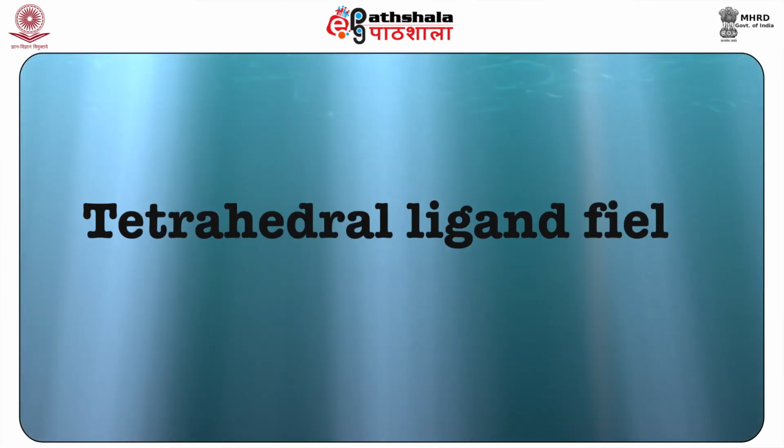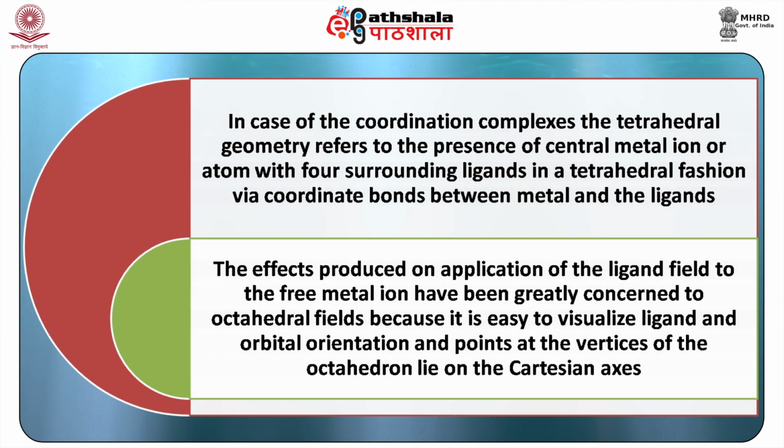The next thing we will discuss is the tetrahedral ligand field. In the case of the coordination complexes, the tetrahedral geometry refers to the presence of a central metal ion or atom with four surrounding ligands in a tetrahedral fashion via coordinate bonds between the metal and the ligands.